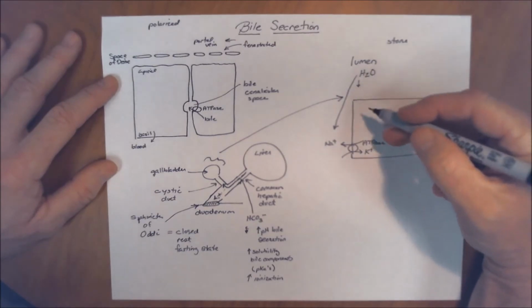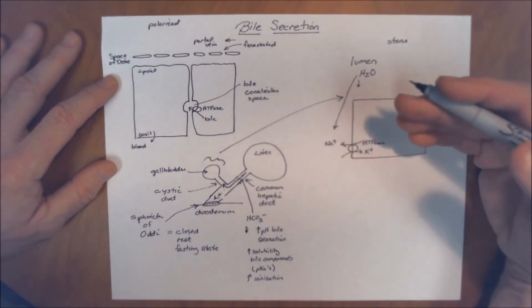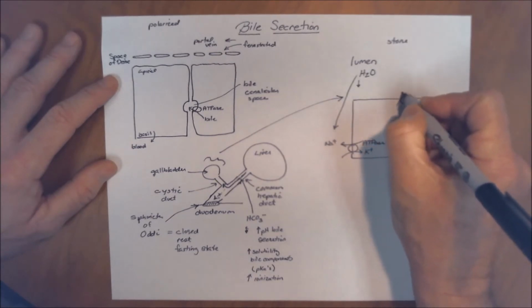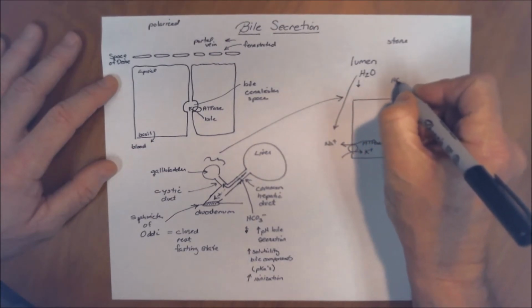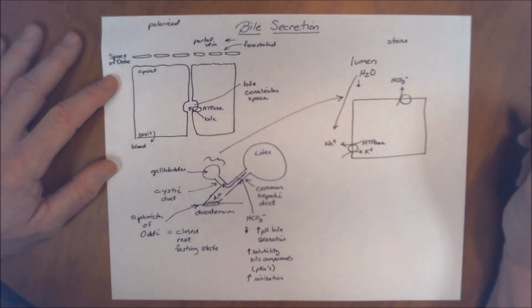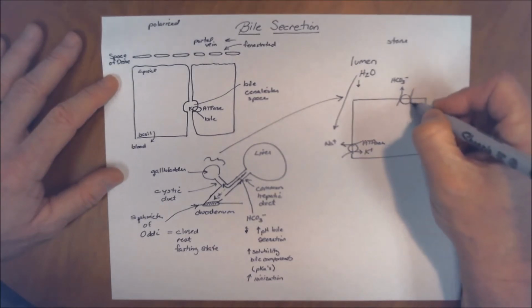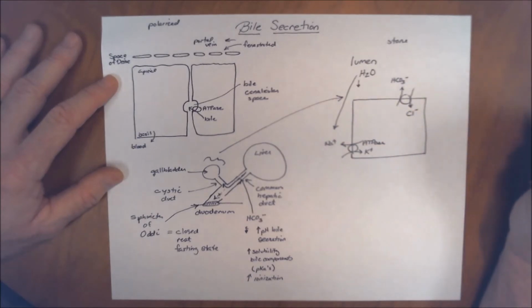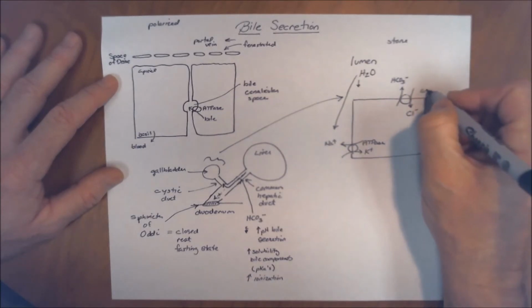Well, as we're taking away water, what we're going to want to do is increase the concentration of bicarb moving into the lumen of the gallbladder. And this is conveniently coupled to a bicarb-chloride antiporter.